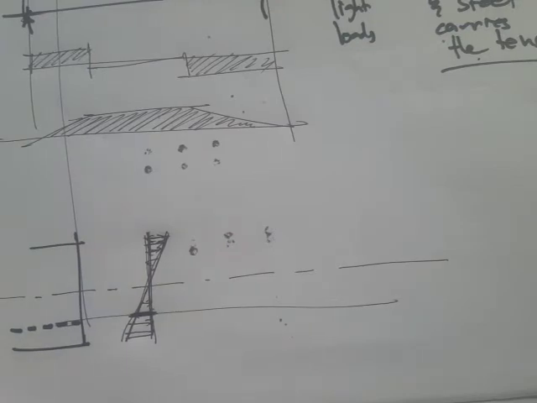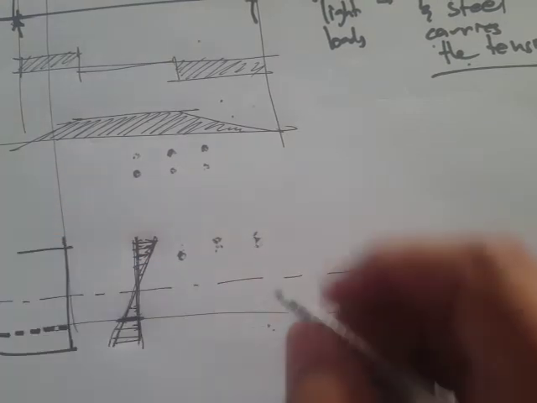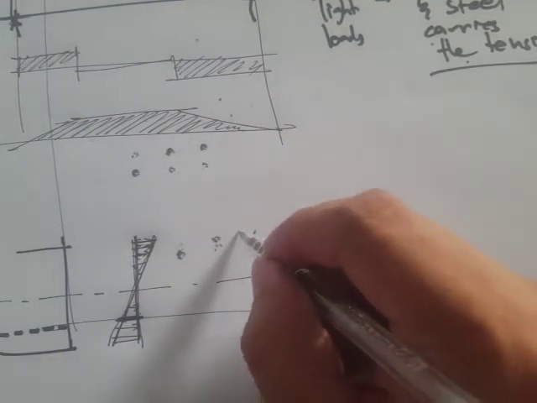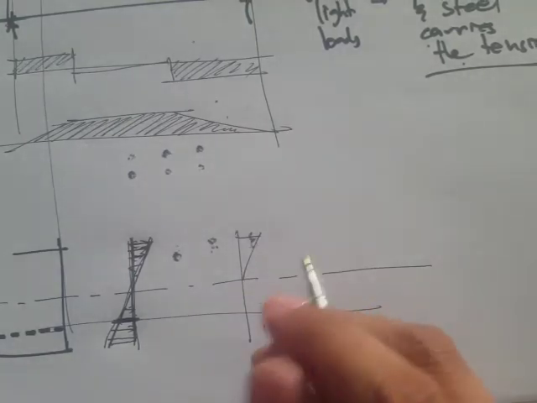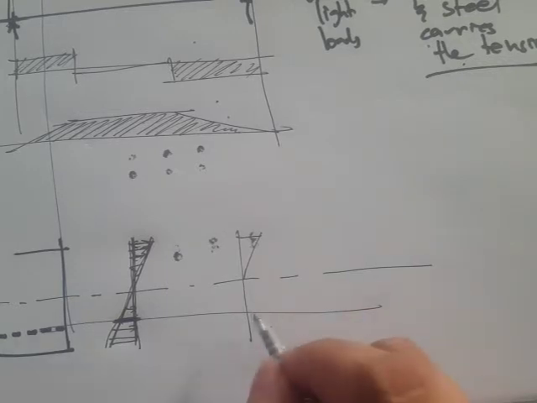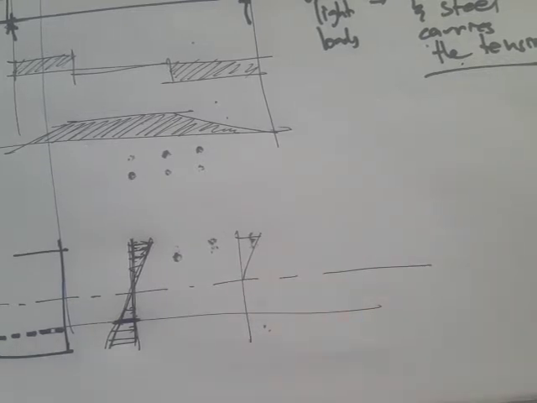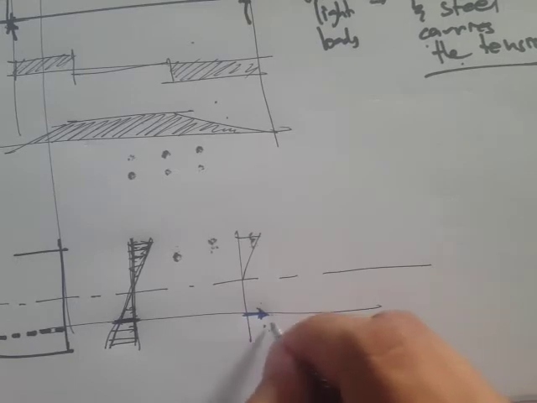Then if we increase the loads, the concrete cracks. Because the concrete cracks, it can no longer support or distribute the tensile stresses. What's left is the tensile reinforcement, the steel reinforcement, carrying the tensile stresses. So we have F sub s.